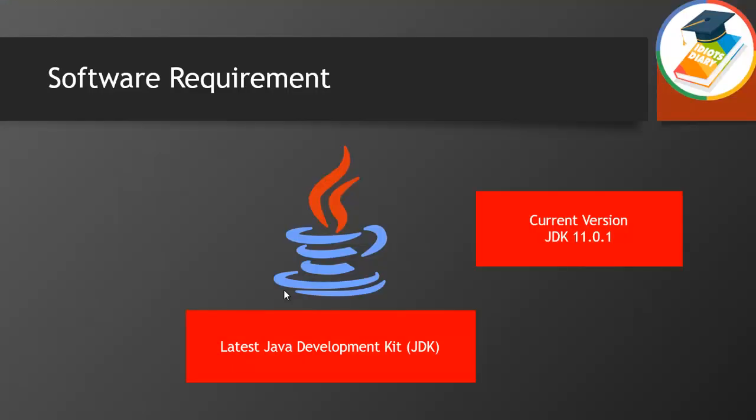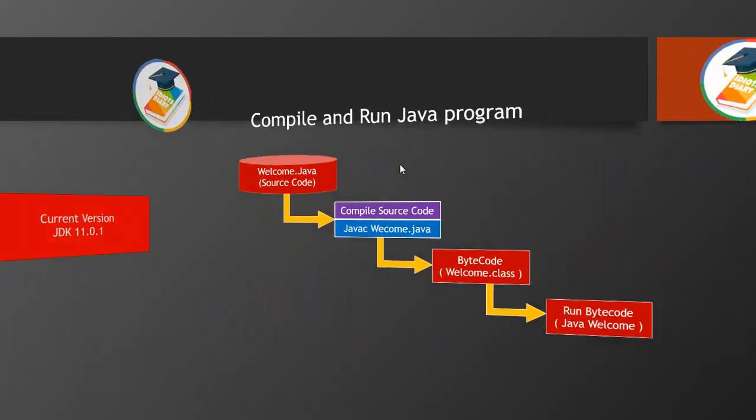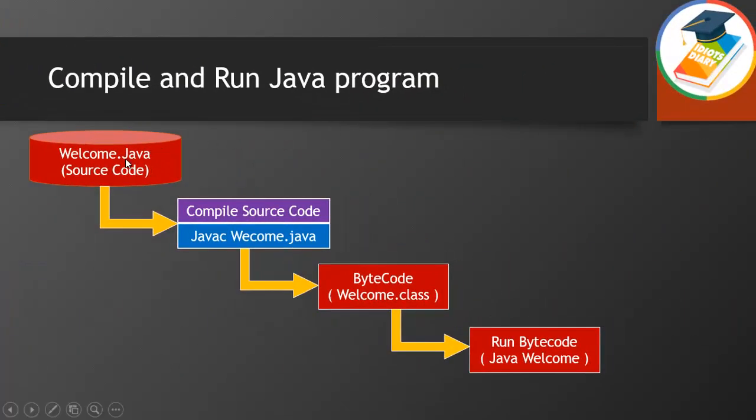Once again, let's review the process of compiling and running a Java program. So first we create source code and save it with the .java extension. Here we have created welcome.java.